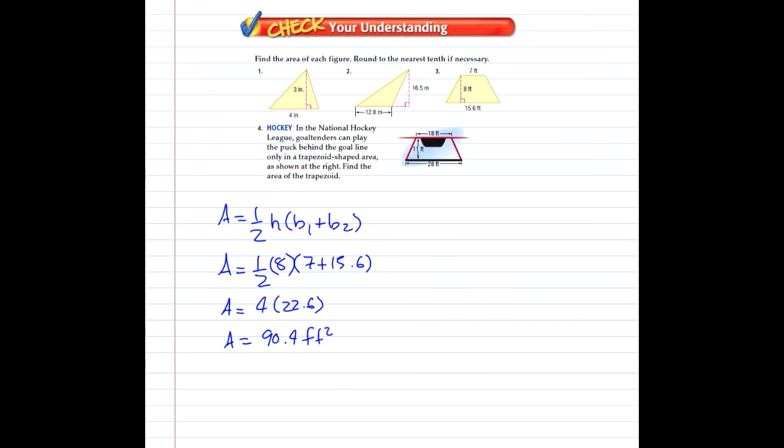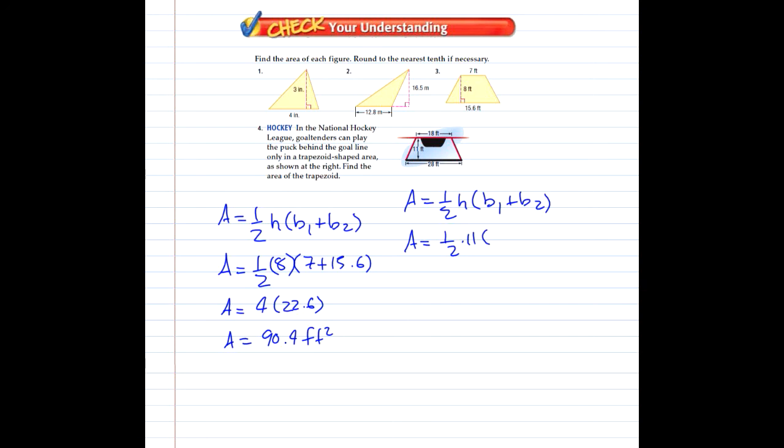feet squared. In my hockey example, it says, in the National Hockey League, goaltenders can play the puck behind the goal line only in a trapezoid-shaped area as shown at the right. Find the area of the trapezoid. Again, my formula is area equals 1/2 times the height times B1 plus B2. In this case, it's 1/2 times 11, which is my height.